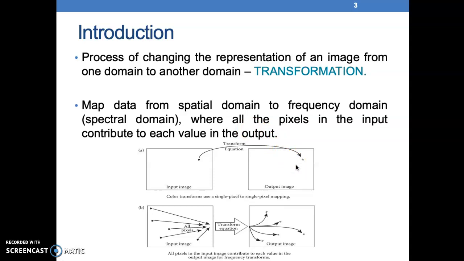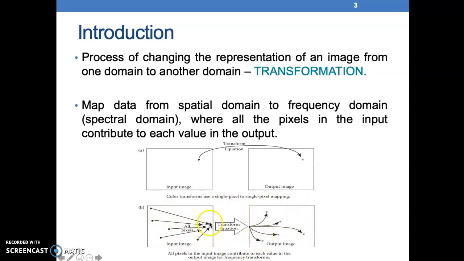That is a transformation as well, but it is one-to-one. But for the frequency domain, each pixel in your input will contribute to the output.